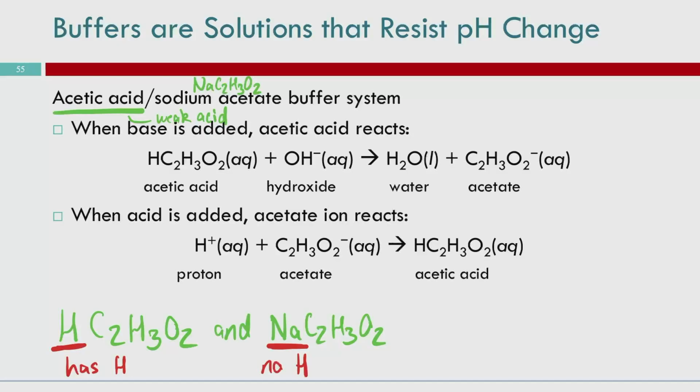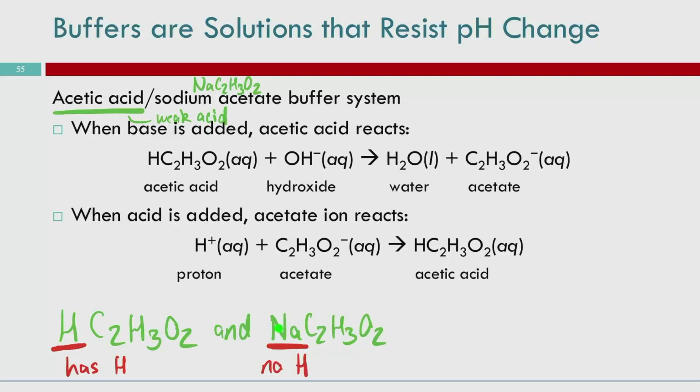This, I think, is the part that often confuses students. They're like, oh, it's got something else in the front. It must not be the conjugate base. In order for this to exist in a form that we can handle, like a solid, it has to be neutrally charged. And so that's why we've got the sodium.